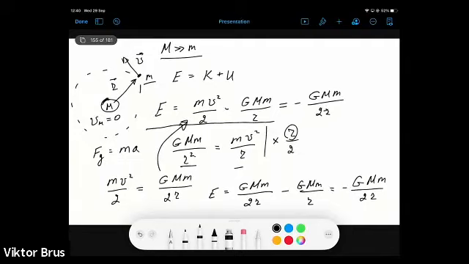So it's defined actually only by the masses of objects which are involved in this system and the radius, like distance between the objects. And because this system is isolated, there is a conservation of energy and angular momentum. This value is constant.